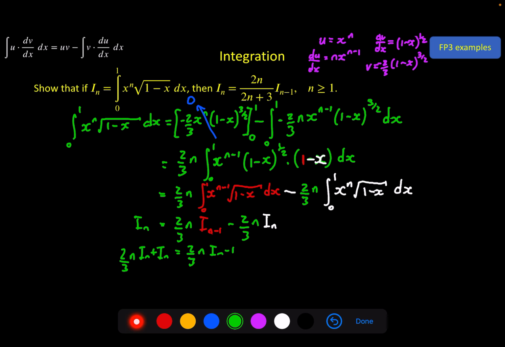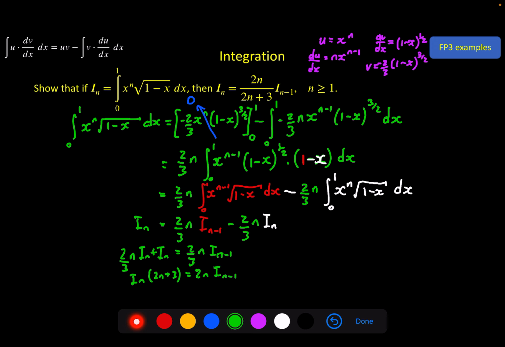Oh, sorry. Where did that come from? That should be a small n minus 1. Multiply everything by 3, factorize out the In, gives me In(2n plus 3) is equal to 2n I_{n-1}.